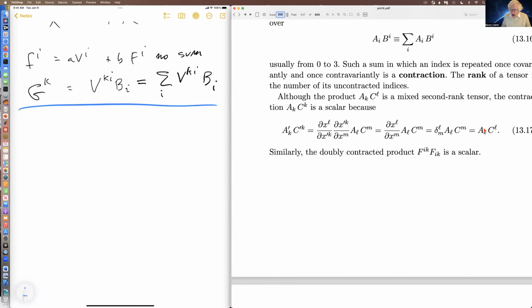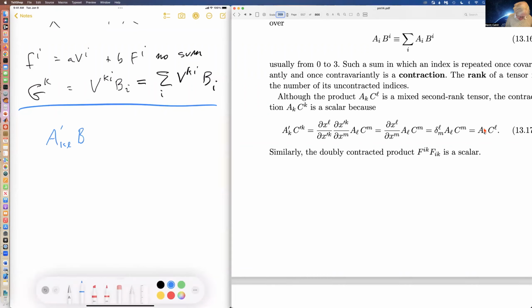So in other words, suppose we have something that looks like this: A prime K L, and let me do C so that I stay with what we have here and make the fewest changes possible. Suppose we have this.